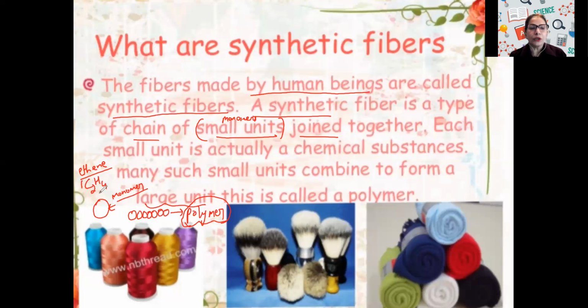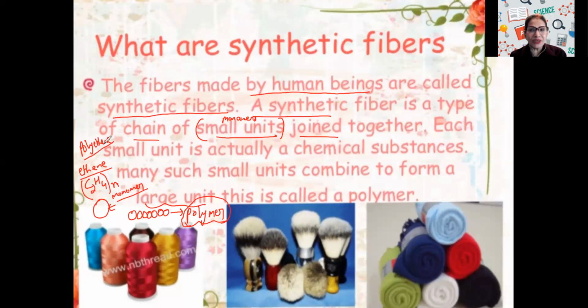To the power n, a number of these ethene molecules will bind together, link together, and form a polymer, and that is nothing but our polythene.